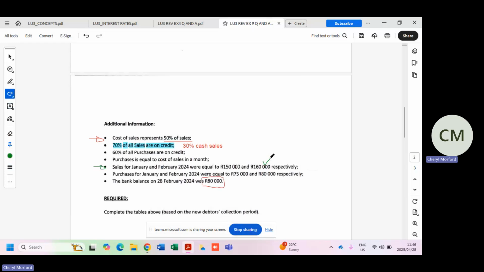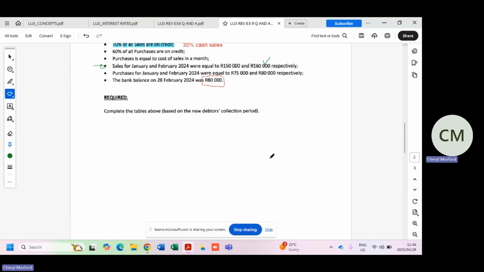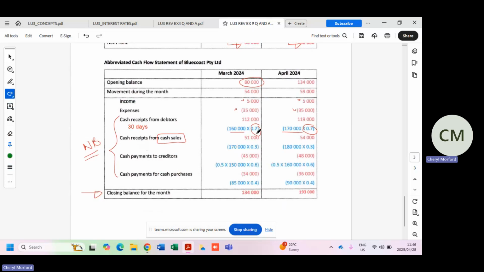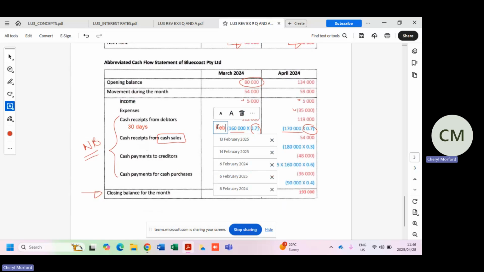That will give me my credit sale, and it will be collected a month later in March. So here is my workings. 70% times that 160. And where did that 160 come from? Just going to remind you there, Feb.